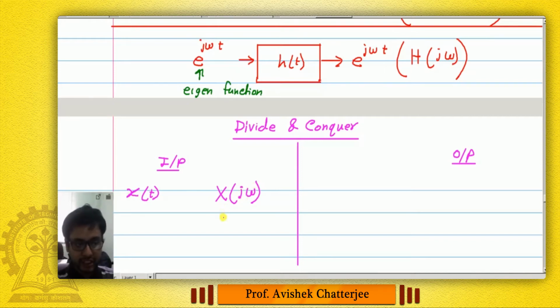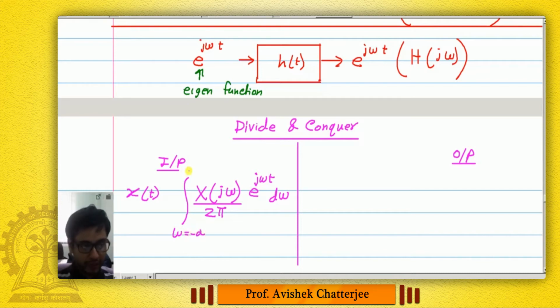Previously we were using the notation X omega, but anyway j is just a constant. Then we can write x t as a sum of exponential signals of the form e to the power j omega t with amplitude X j omega divided by 2 pi d omega, summed over all possible values of omega.